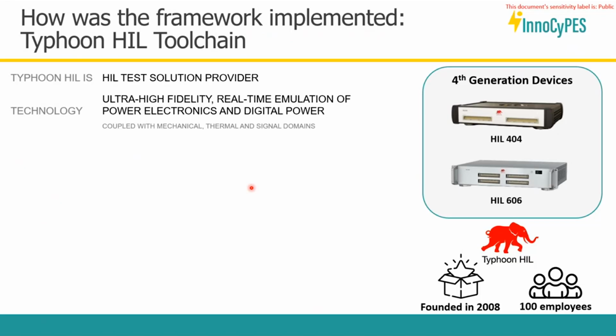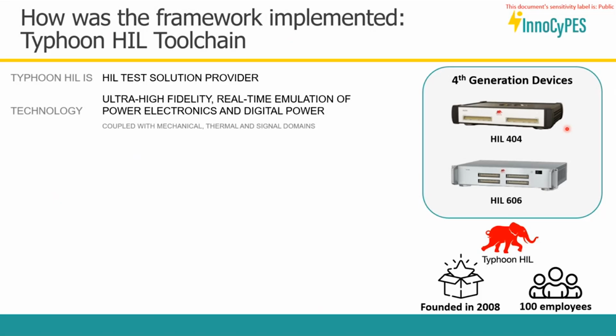So how was the framework implemented? In this use case, in the framework, we use the Typhoon HIL device. For example, here, these fourth generation devices. So again, Typhoon HIL, and now I will explain a little bit more about what Typhoon HIL is, right? Typhoon HIL is a hardware-in-the-loop simulation manufacturer.